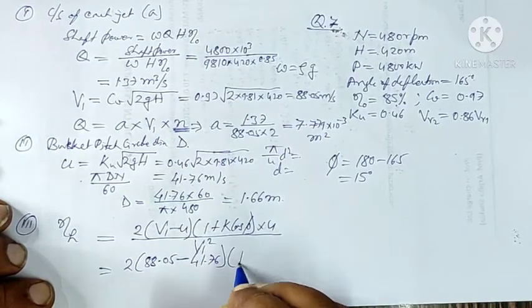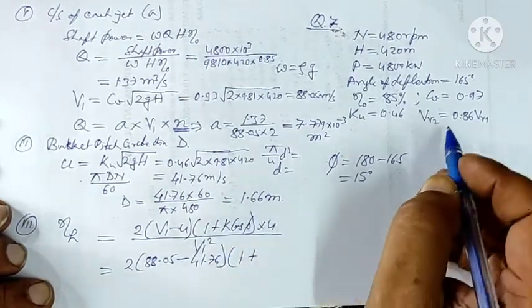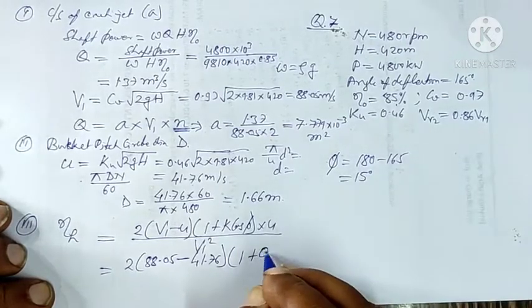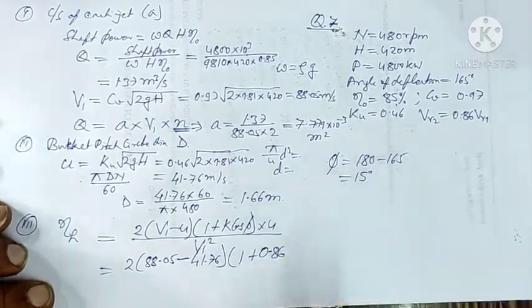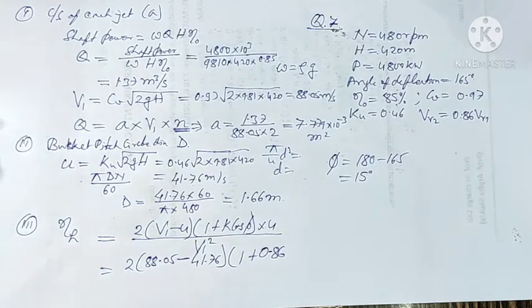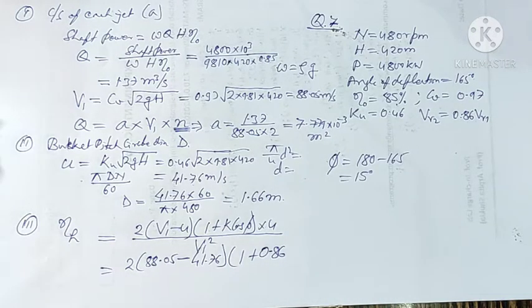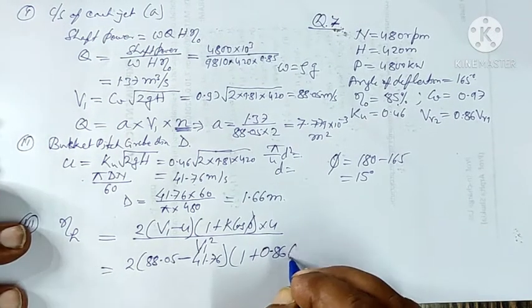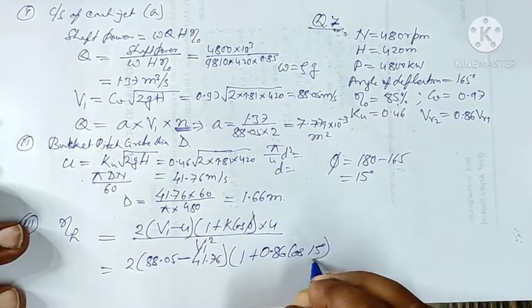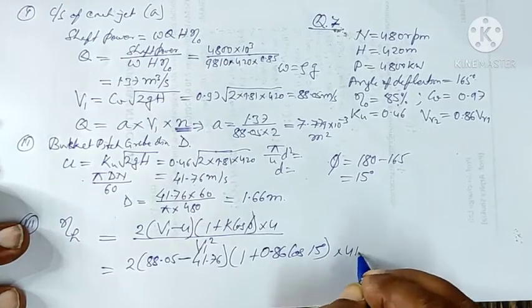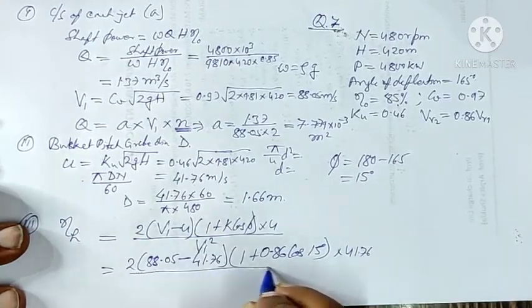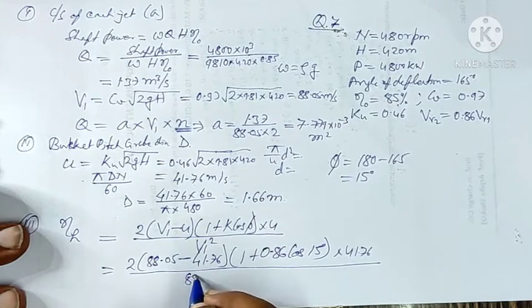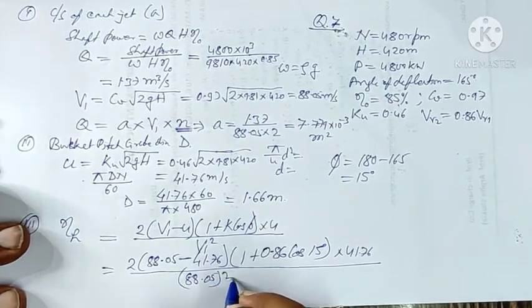41.76 into 1 plus K, which is 0.86, the ratio of the relative velocity reduction in the blade, the relative velocity reduction in the jet. So it is 0.86 multiplied by cos of 15 degree multiplied by U, 41.76, divided by V1 square, 88.05 square.